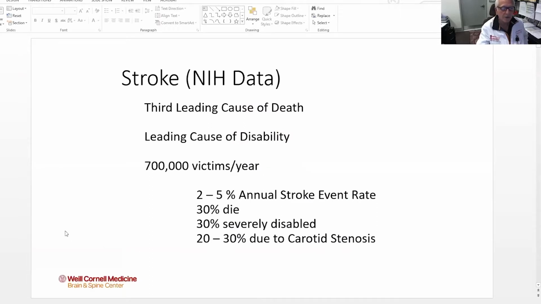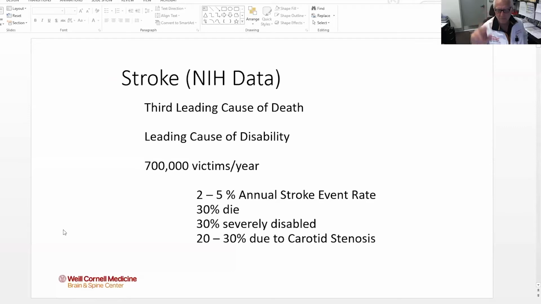So stroke is somewhere between the third and the fifth leading cause of death in the United States, but it is the major cause of disability, costing somewhere around the $53 billion a year range. There are over 700, more likely 850,000 strokes.